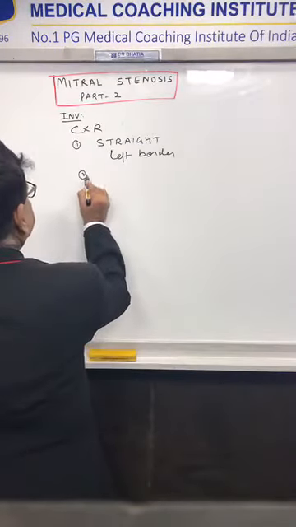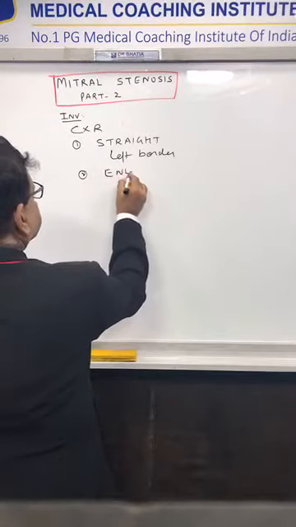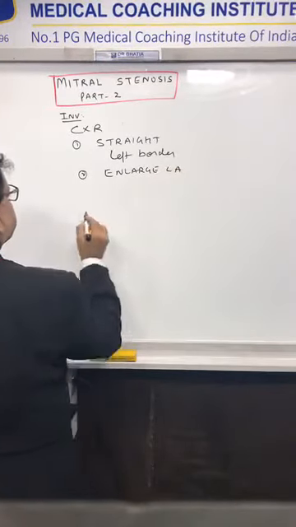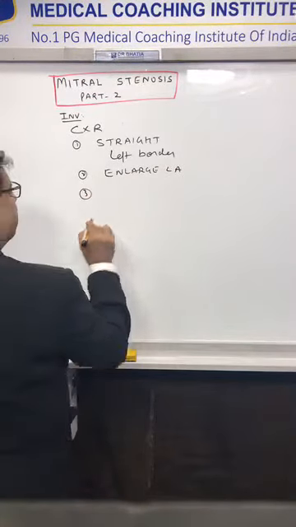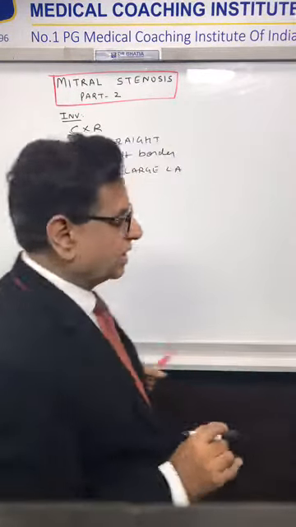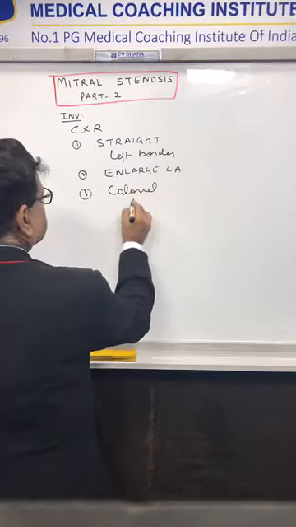Later on, you may get an enlarged left atrium. You may get prominent upper lobe veins, the so-called coronal mustache sign.